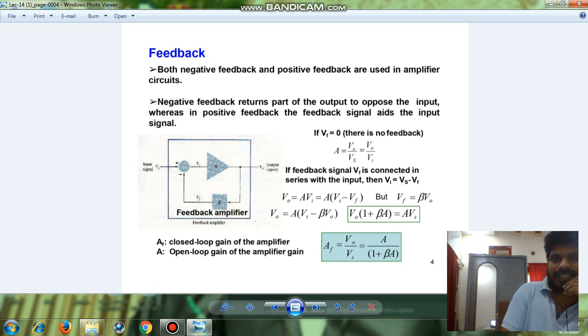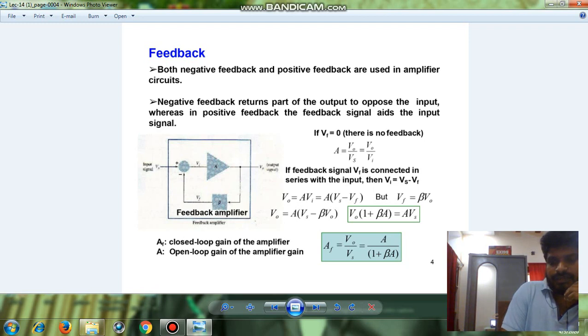The feedbacks are classified into two types: negative feedback and positive feedback. Both positive and negative feedbacks are used in amplifier designing, but comparatively, negative feedback has more advantages. So I'll explain what negative feedback and positive feedback are.